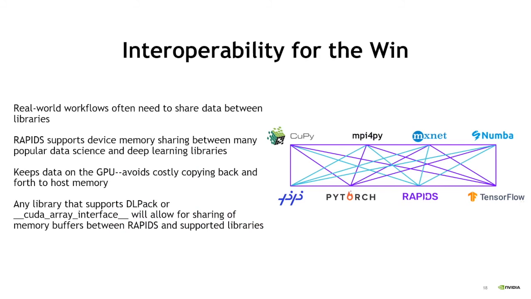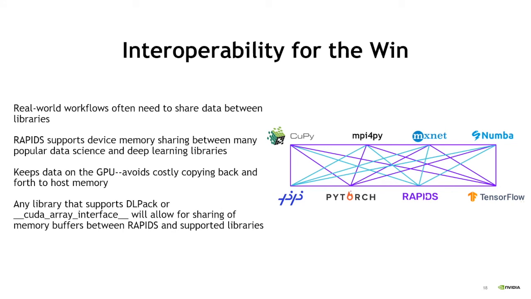Finally, another thing we've been working on and aiming for is interoperability. We don't want to reinvent the wheel. We're working on mimicking existing APIs and don't want to replace existing libraries, but we're more focused on complementing these. For example, in a deep learning focused workflow in PyTorch, if we want to use cuDF for pre-processing, we can use CUDA array interface to go between these libraries without extra copies.